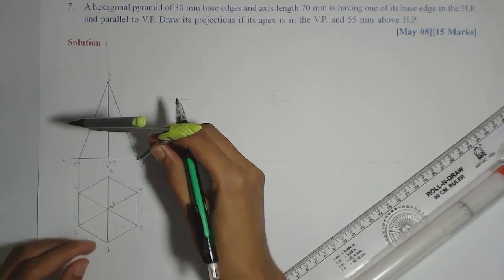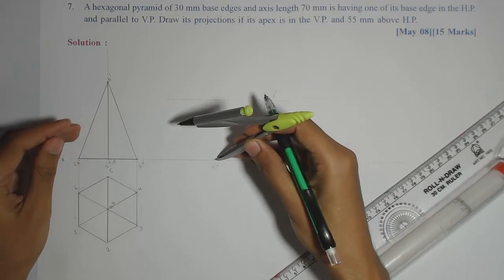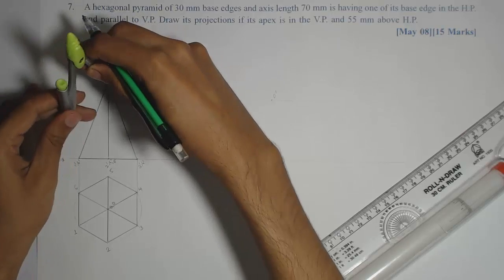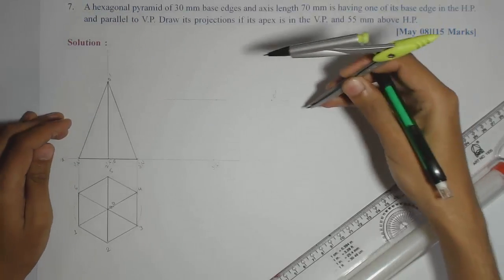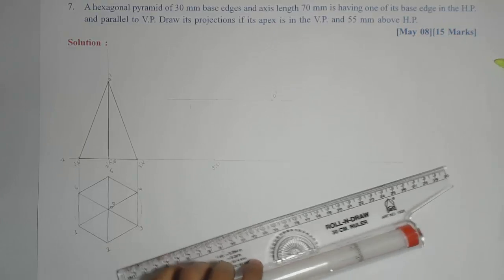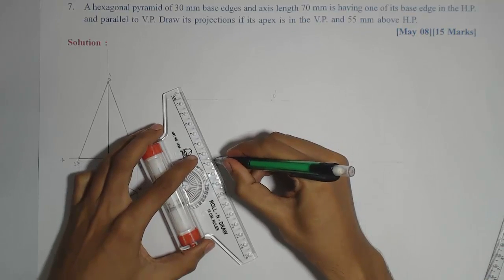Now I can complete this triangle, getting 1 dash, 6 dash. Then again with respect to O dash, I need to take the distance for 1 dash, 6 dash. Okay, now we'll complete that triangle and we'll mark the same visibility again.